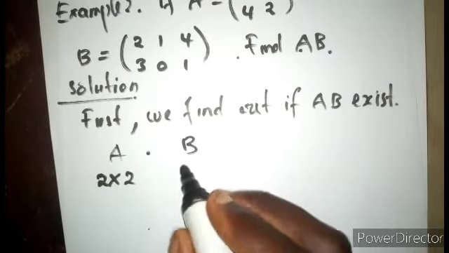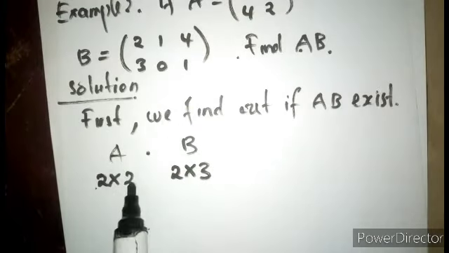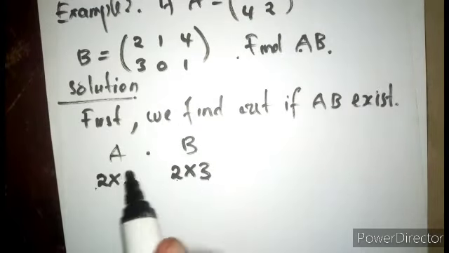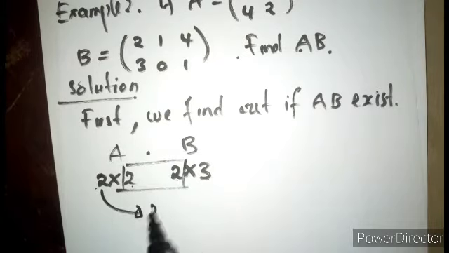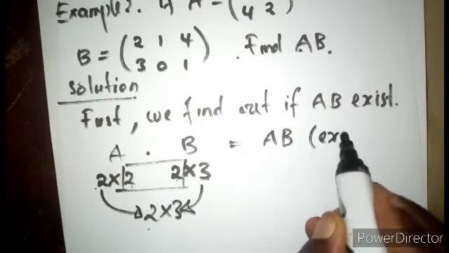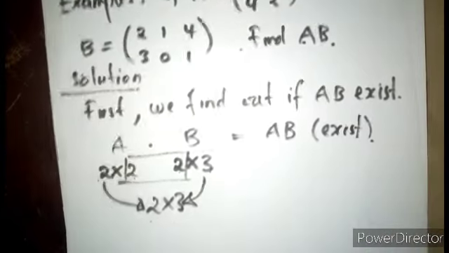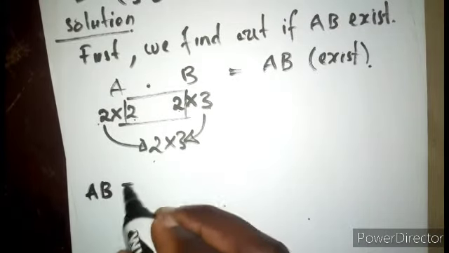The matrix B is a 2 by 3 matrix. That's 2 rows, 2 columns. Here is 2 rows, 3 columns. Of course, we have the matrix what? 2 by 3 will be the resultant matrix. So AB does exist. Okay, so we can move ahead and do the multiplication now.